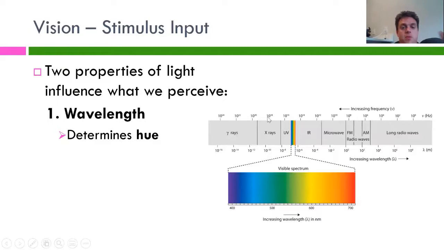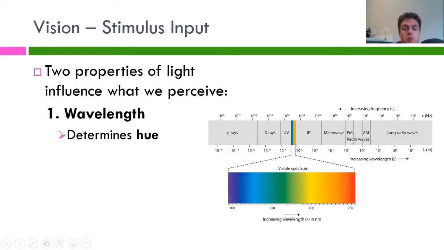Something to keep in mind, though, is that the actual wavelength spectrum is a lot bigger than what we can actually perceive. Okay, so you see here, you have UV rays, X-rays, infrared, microwave. These are all out of the spectrum that we can actually perceive, right?